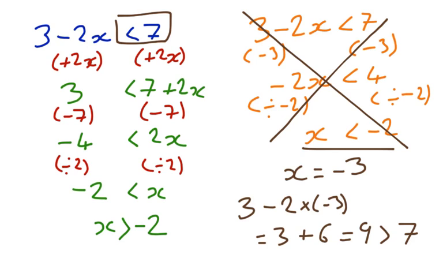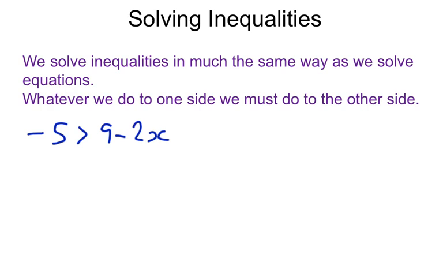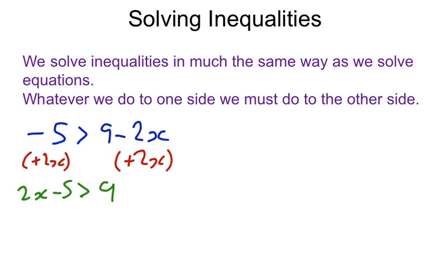So let's look at another example. We've got minus 5 is bigger than 9 minus 2x. In this one we have again got a minus 2x, so we're going to add 2x first of all. So we add 2x to this side. That gives us 2x minus 5 is bigger than 9.